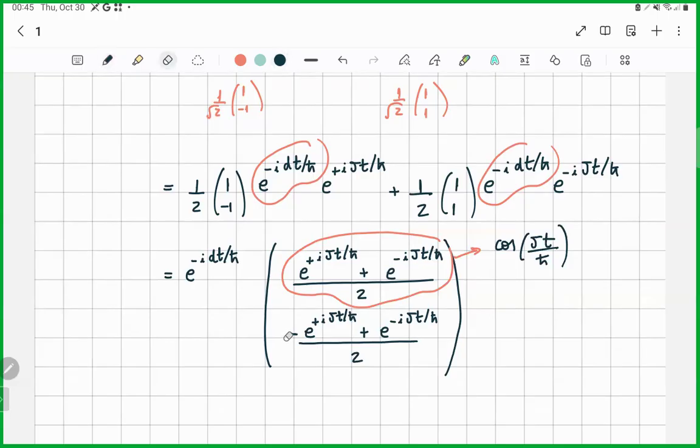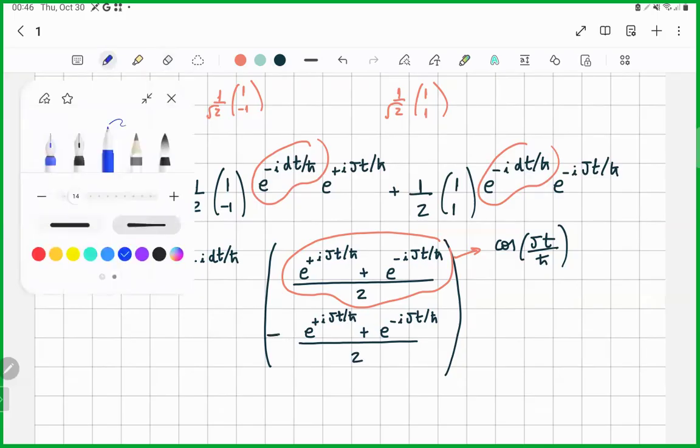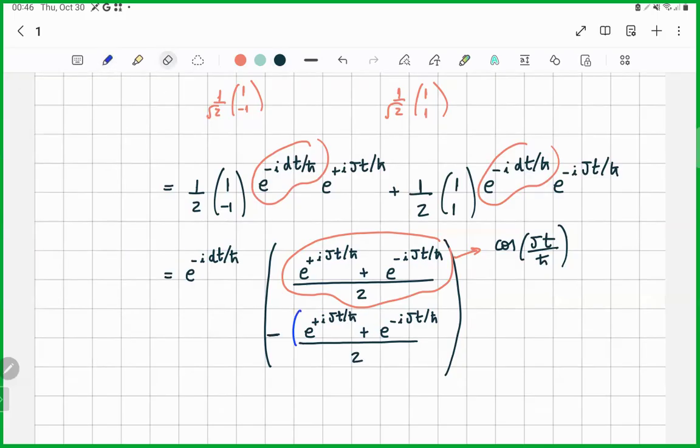Look what I'm going to do. I'm going to put this minus in front of everything. So then I have to put also a minus here. Okay. So this is the form of the sine, but what is missing in this story is the i.